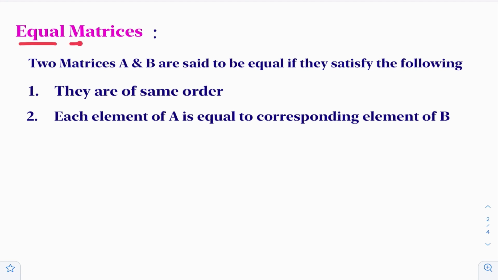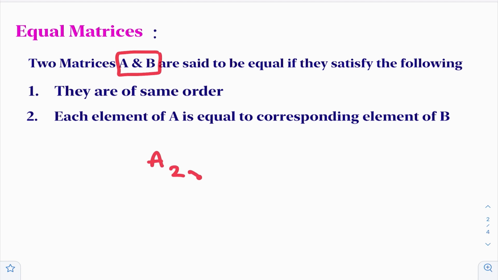Definition of equal matrices. When we say two matrices are equal, the definition is like this. Two matrices A and B are said to be equal if they satisfy the following conditions. First one, they are of the same order. The matrices A and B must be of the same order.